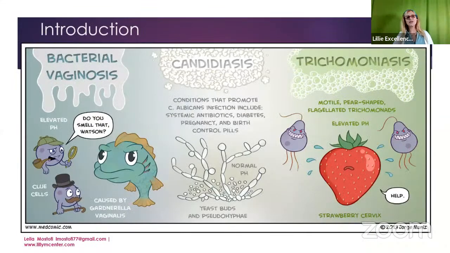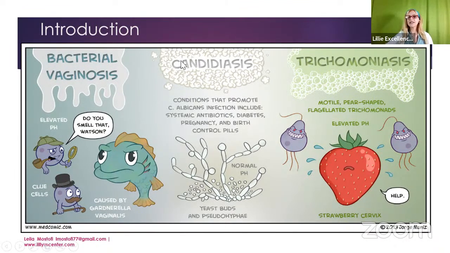Yes, as you see, there is bacterial vaginosis. Here you will see symptoms like elevated pH and a fishy smell. You will find some clue cells here, caused by Gardnerella vaginalis. And I love this comic because it brings very beautiful pictures.